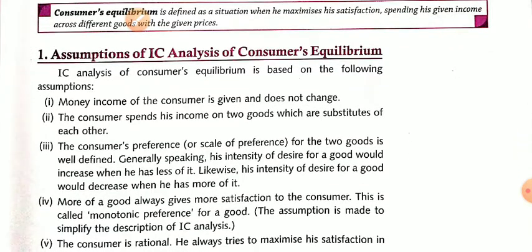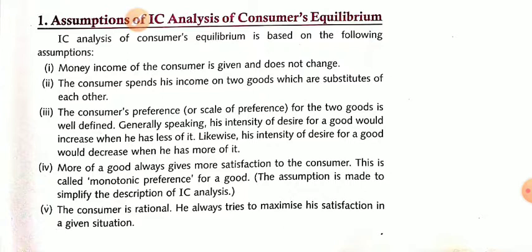Now, the assumptions of indifference curve analysis of consumer equilibrium. There are assumptions related to every theory and every law. So there are a few assumptions related to this theory of consumer equilibrium with the help of indifference curves. First, the money income of the consumer is given and does not change. Whatever income you have, it remains constant.